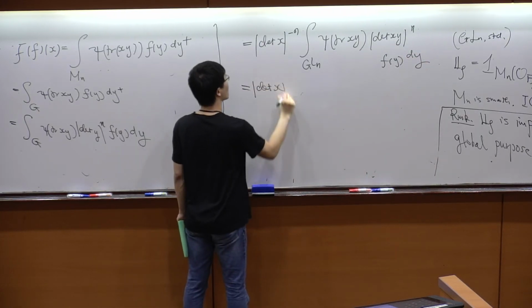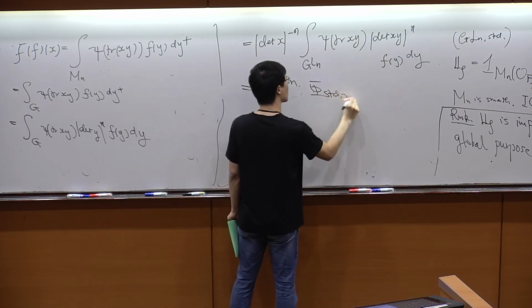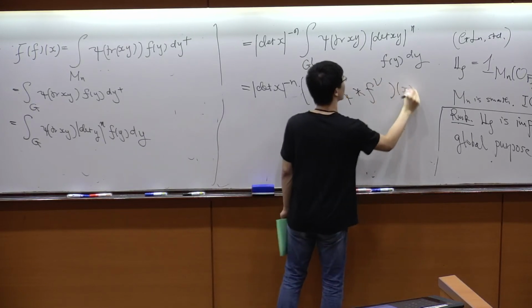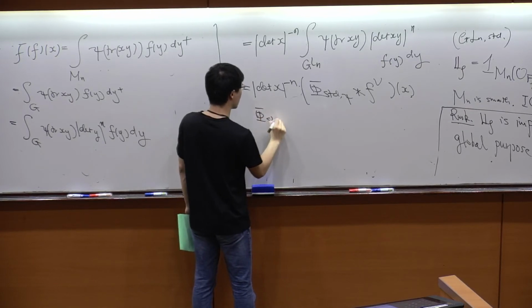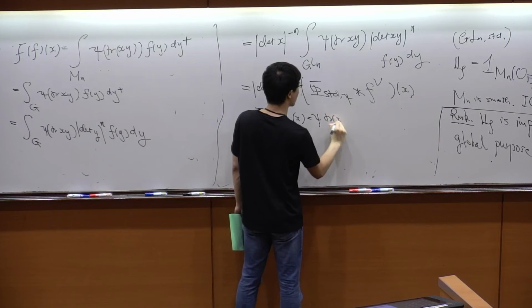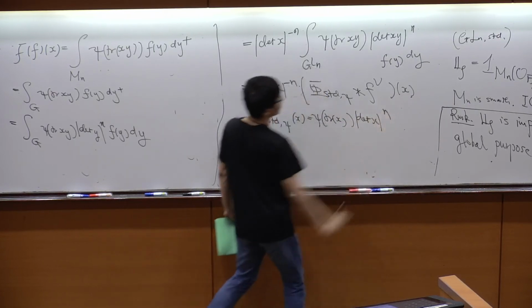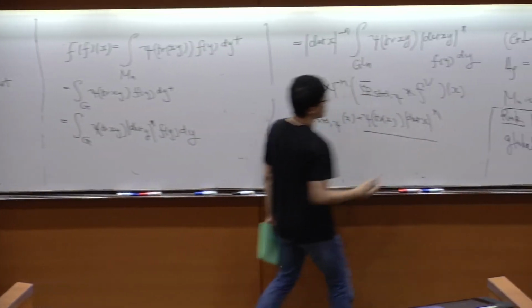It's determinant of x to the minus n, and here is phi standard psi convoluted with f check of x. And here phi standard psi of x is equal to psi of trace of x and determinant of x to the nth power. So this is exactly the distribution appearing in the Fourier transform.